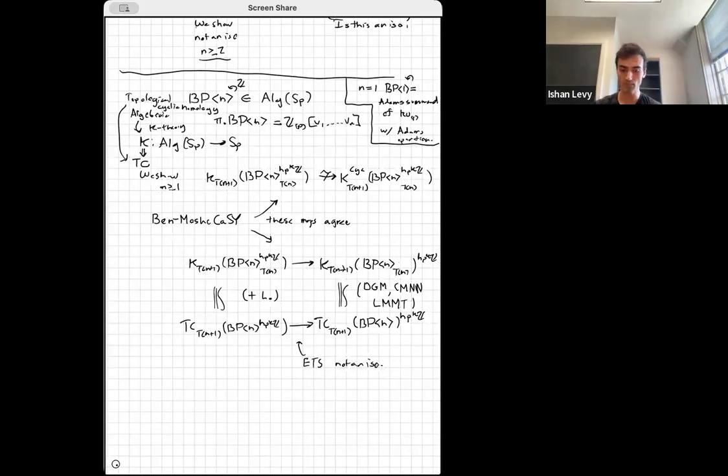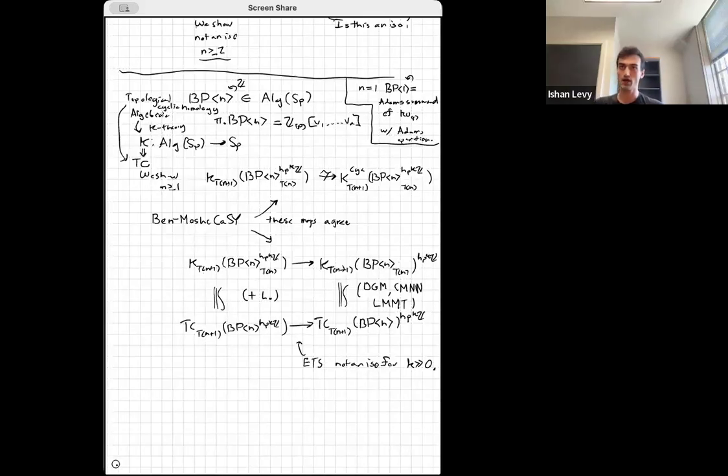And moreover, it's actually not so hard to see, using the fact that cyclotomic completion is a smashing localization, that it's enough to show that this is not an isomorphism for k sufficiently large. You don't need to show it for small k. If you showed it for a larger k, it'll automatically imply it for a smaller k.